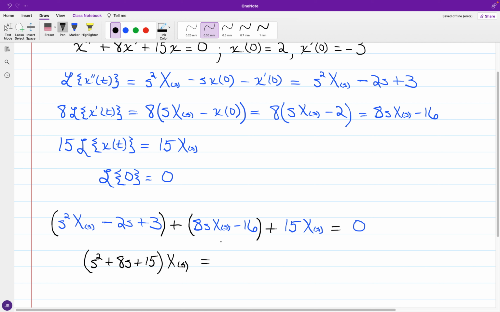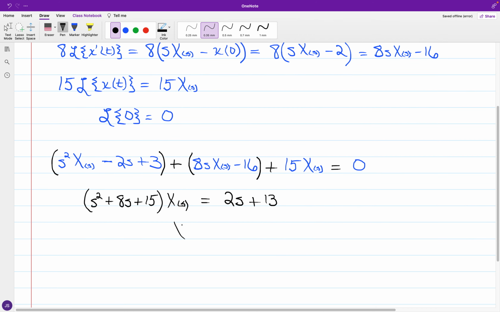And what I can do is move the other terms, those that are not attached to the Laplace x, to the other side. So we have negative 2s, and if I shift over, we have 2s, and 3 plus negative 16 is minus 13, and moving to the other side, that's going to be 2s plus 13.